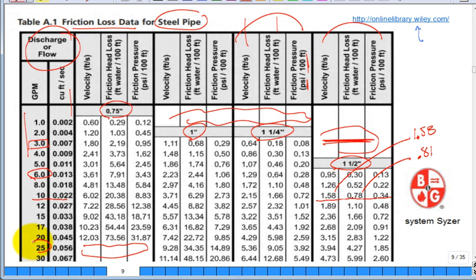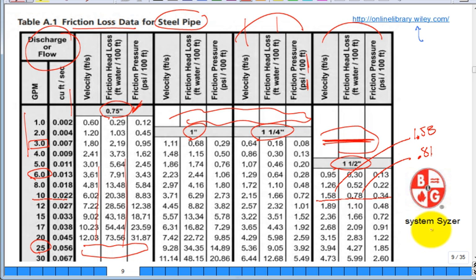Like if you really want to push 25 GPM, don't put it through a 3/4 inch pipe. It's just too small, right? You're going to be paying a lot. And look how the velocity goes up and the friction factor, the head loss goes up. So that's one of the things I like.